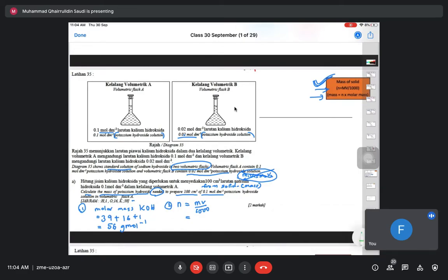What is our M? From the question, 0.1. Yes, 0.1 times volume 100. And the volume is in centimeter cube, so we must divide it by 1000. So our answer will be 0.01. What? 0.01 what? Unit.